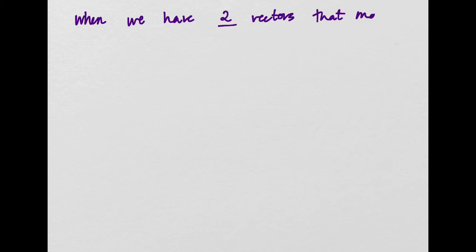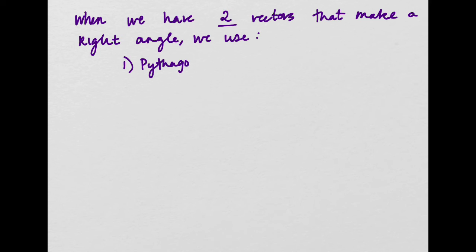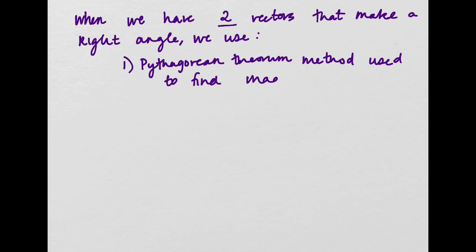So in summation, when we have two vectors only that make a right angle, we use one, the Pythagorean theorem method, used to find the magnitude of the resultant.